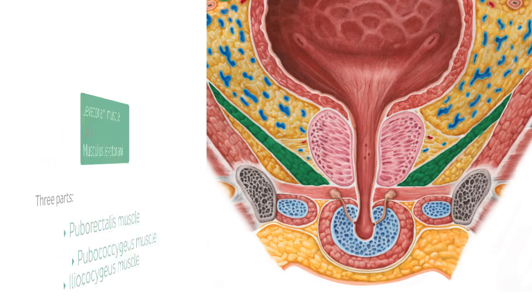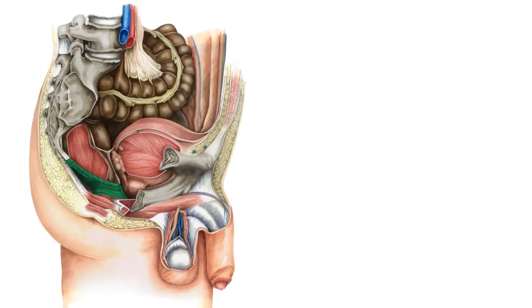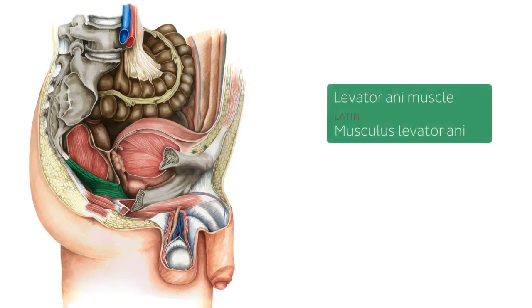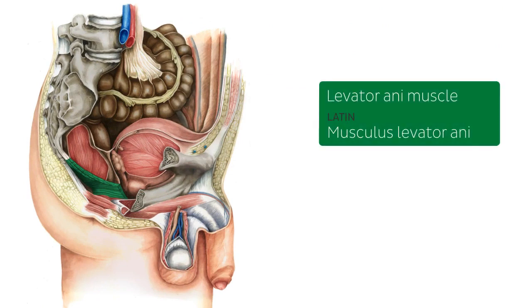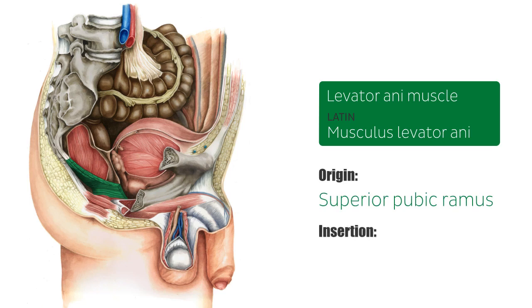If I move on here to this image of the lateral view of the male pelvis, you can see now highlighted in green the levator ani muscle that we're still talking about, where you see that it has its origin on the posterior aspect of the superior pubic ramus and inserts on the side of the rectum and the last two segments of the coccyx, as you can see here.